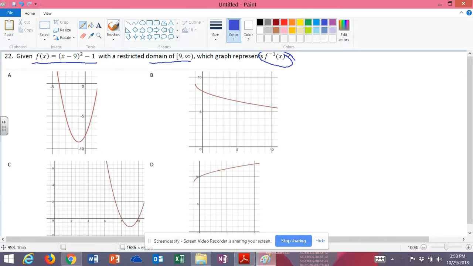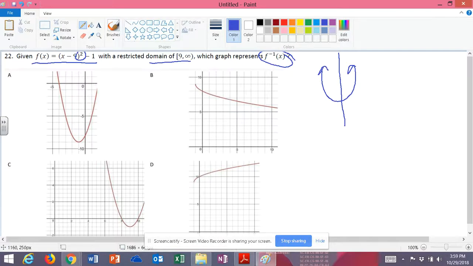So a couple different ways we can do this. The first thing I would look for is, since our original function is quadratic, that means the inverse of that has got to be a square root function. Also remember, a quadratic function looks like this. And because we've restricted the domain from 9 to infinity, remember that means we've taken our parabola and we've cut it in half.